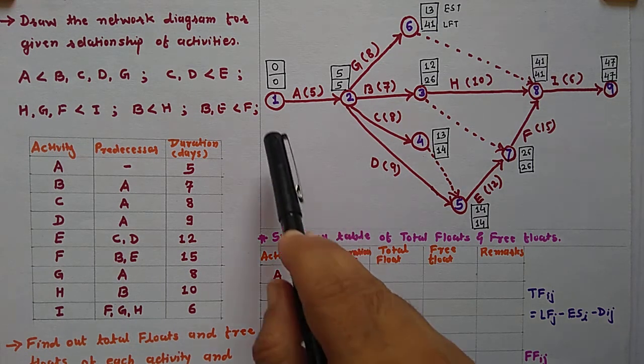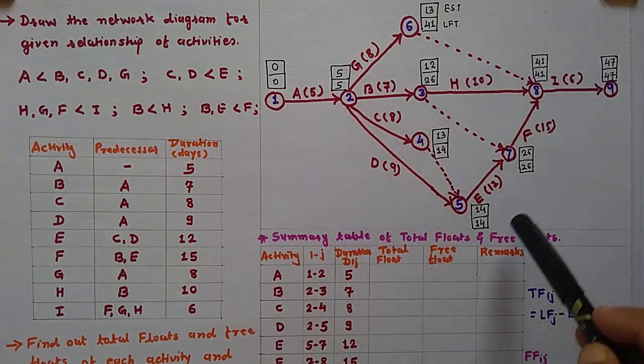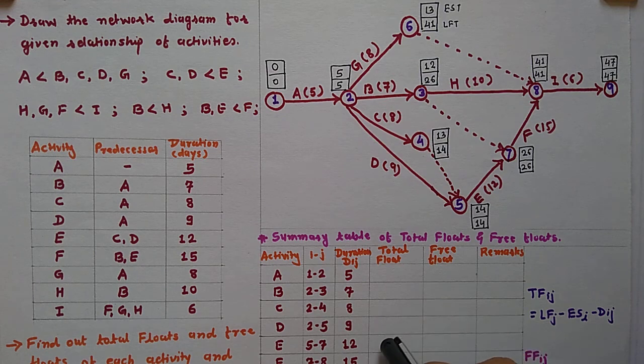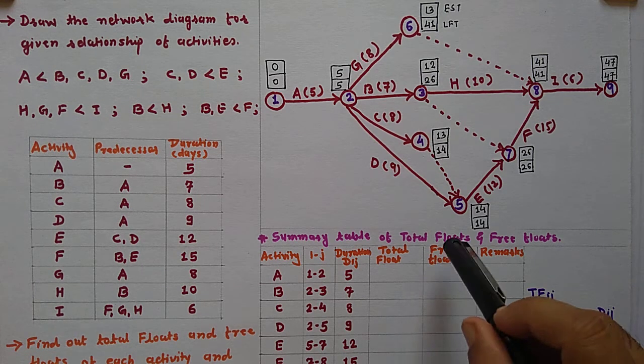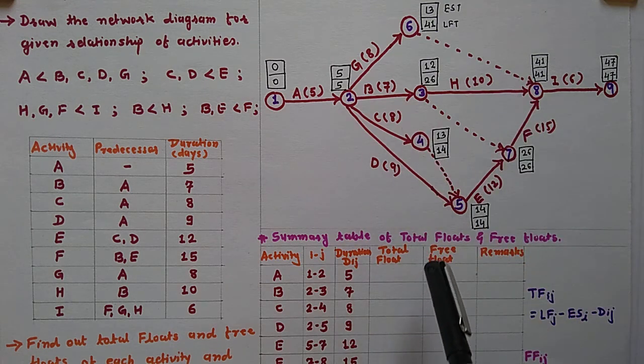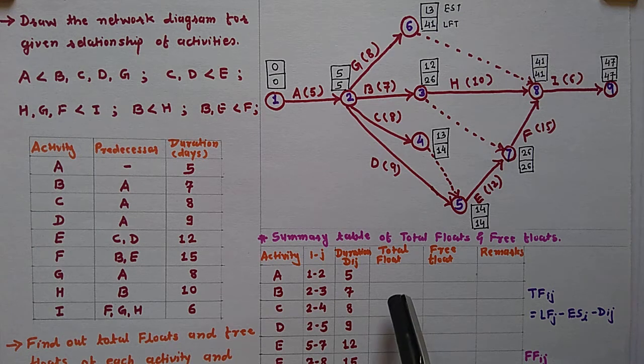Here I have mentioned all the earliest start times and latest finish times. We already know how earliest start time and latest finish time are calculated, so I have calculated and written them down over here. From this data we will find the values of total float and free float. The total float equation is latest finish time of head event minus earliest start time of tail event minus duration.